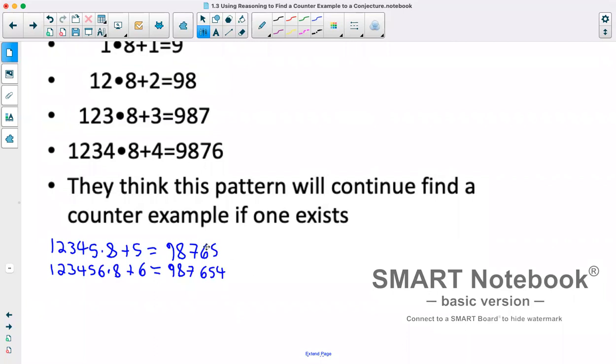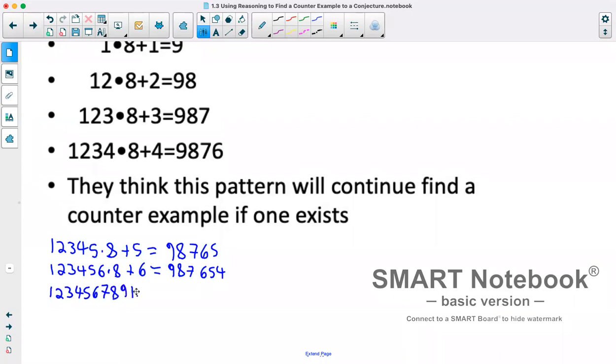So what we want to do in situations like this is try to look for areas where we think it may struggle. So, for example, what happens when the number that we're adding onto here becomes larger than 1 digit? So let's say we have 1, 2, 3, 4, 5, 6, 7, 8, 9.